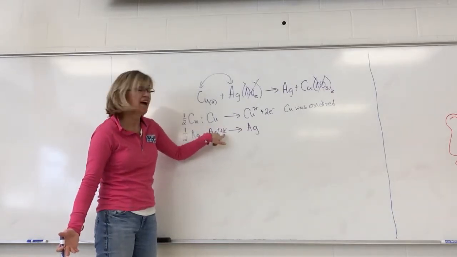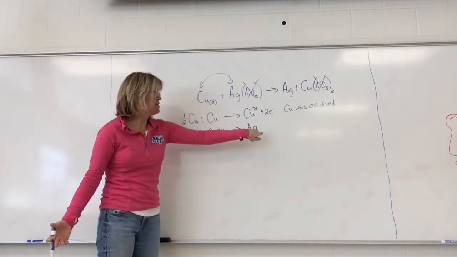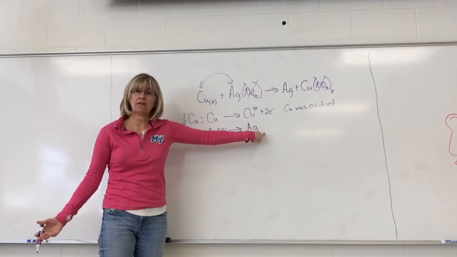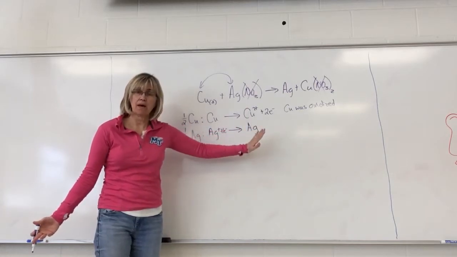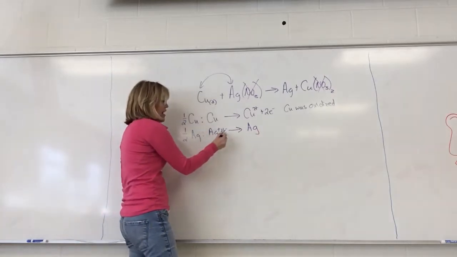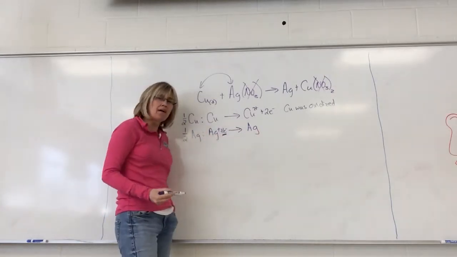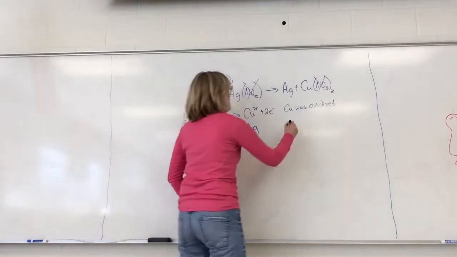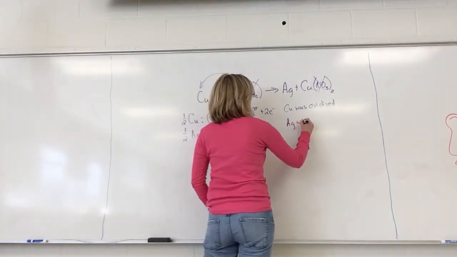Right, so now we have a charge of 0 on the reactant side and a charge of 0 on the product side. So our charge and mass balance, and that is what we have to have. All right, we see that silver picked up this electron, so silver was reduced.